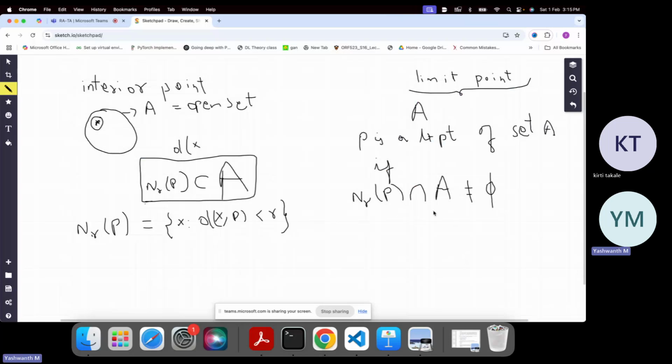The ball should intersect this set A and it should not be an empty set, with one more caveat: it should intersect A apart from the point P. So this intersection cannot contain P basically. We can subtract P from this.